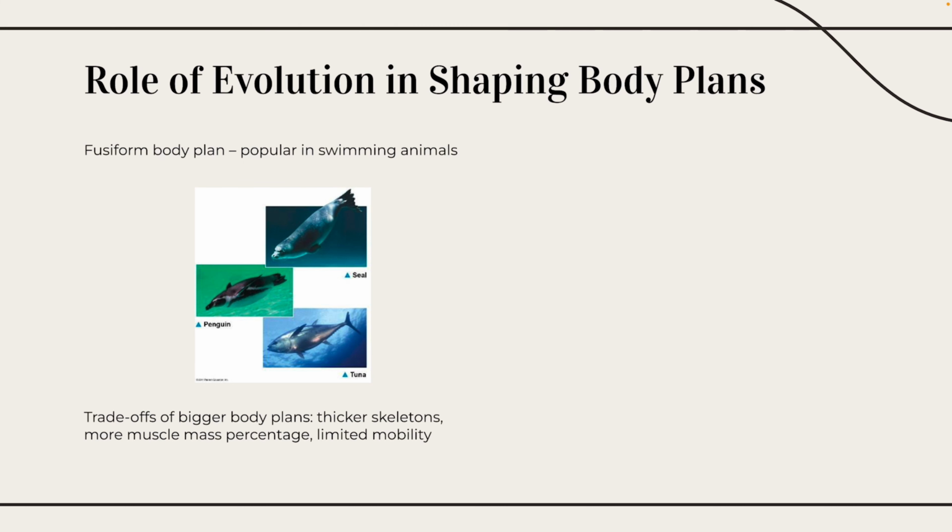This is really popular in swimming animals because it's really dynamic for moving in water and it helps conserve energy. Some things to keep in mind: bigger body plans might seem better, but the trade-offs are that you'll need thicker skeletons to support such a body, you'll have a higher muscle mass percentage to move the body, and you'll also have relatively limited mobility.